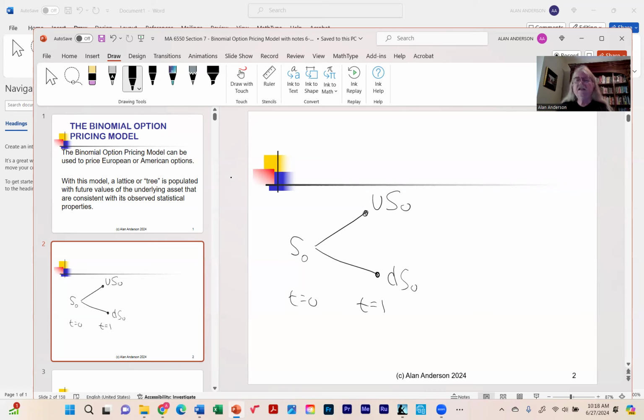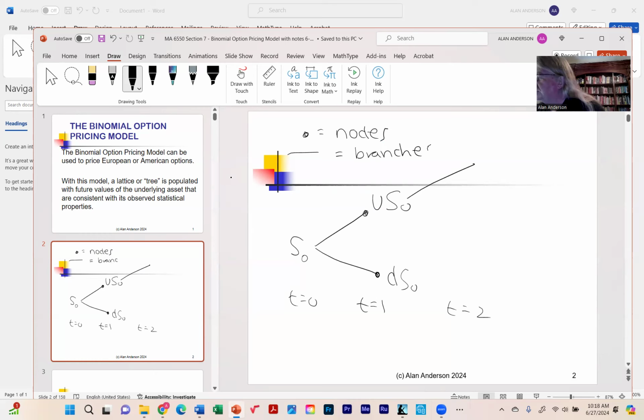Okay. And then if it goes up again, now in time period 2, from each of these, by the way, these little dots, we're going to call these nodes. And of course, the lines we're going to call these branches. Okay, you have to imagine this is basically a tree that's growing sideways.